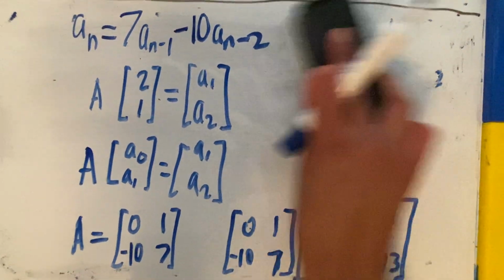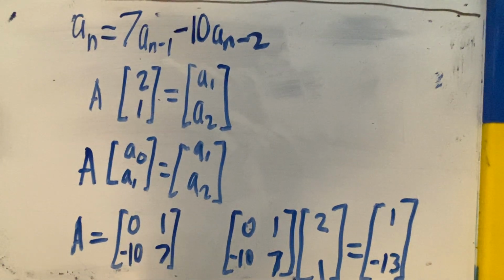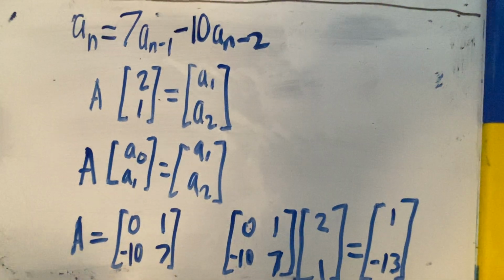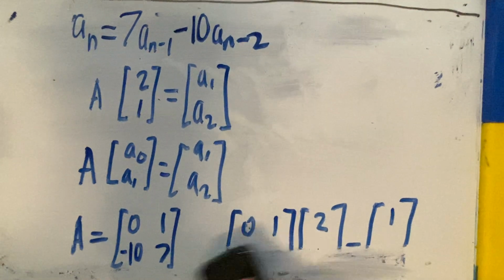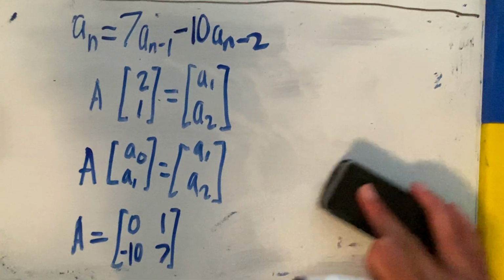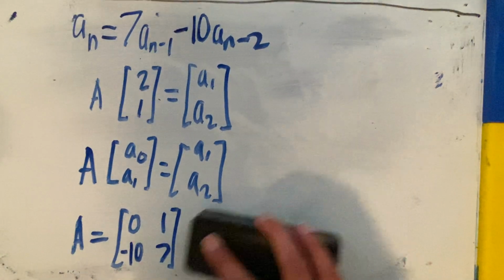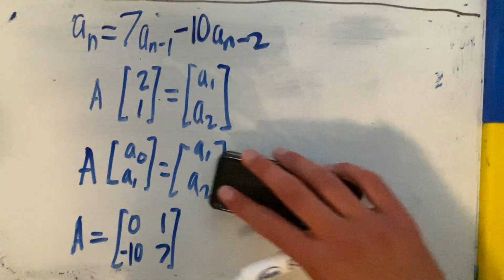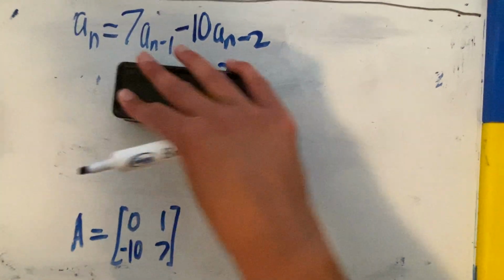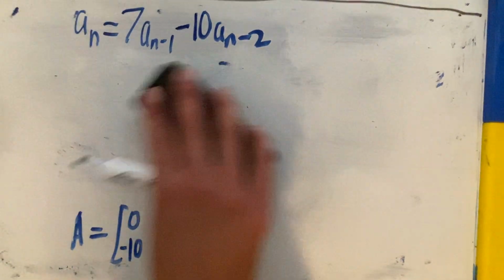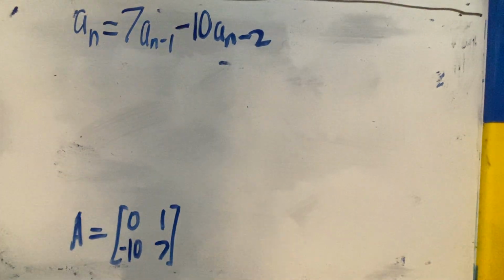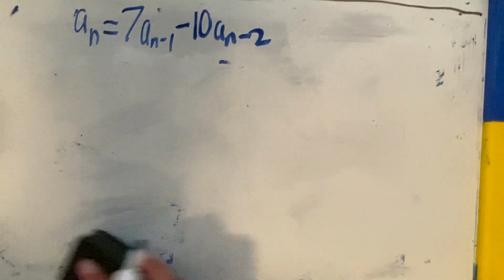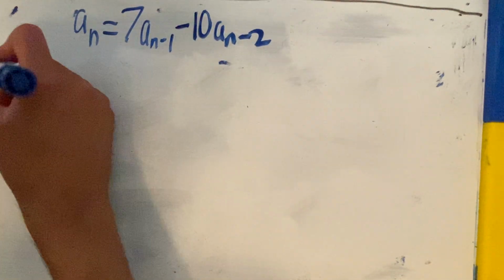And from there, what we want to do now is find the eigenvalues and eigenvectors of A. So to find the eigenvalues, that's where I begin here.